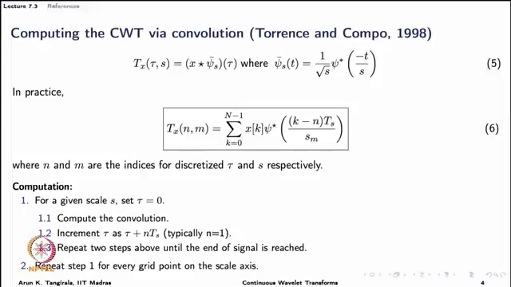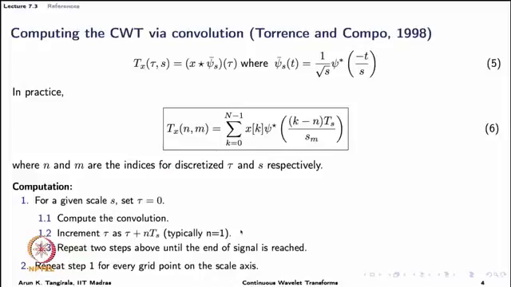The default that is used in many algorithms is n equals 1, that is you will march in the same time step as the signal itself, that is tau will be incremented by Ts, the sampling interval. That leads to a highly oversampled continuous wavelet transform, a very dense one, which is okay, it is good for feature extraction. So, typically n is set equal to 1, but you could choose otherwise.